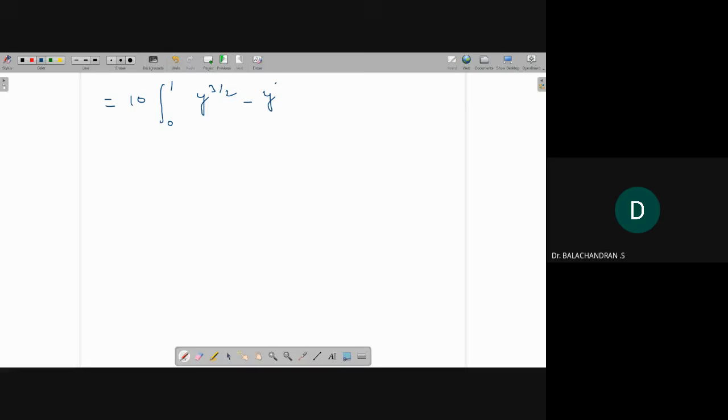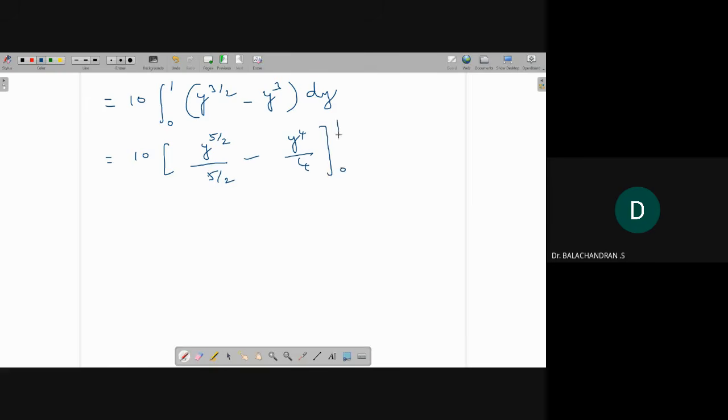Now integration: 10 into y power 5 by 2 divided by 5 by 2 minus y power 4 divided by 4.